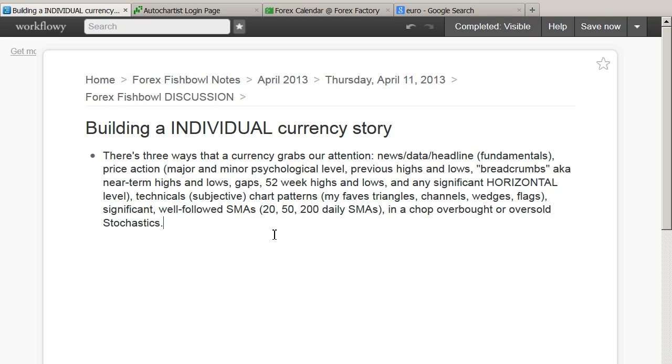So there's three ways a currency can grab our attention, a market. So it could be the fundamental, the news data headline aspect. It could be some sort of price action or horizontal level, or it could be a technical.